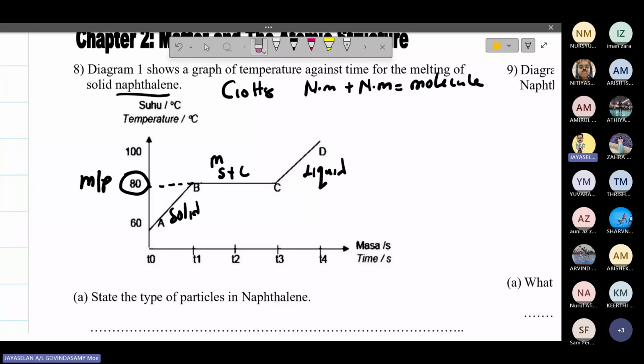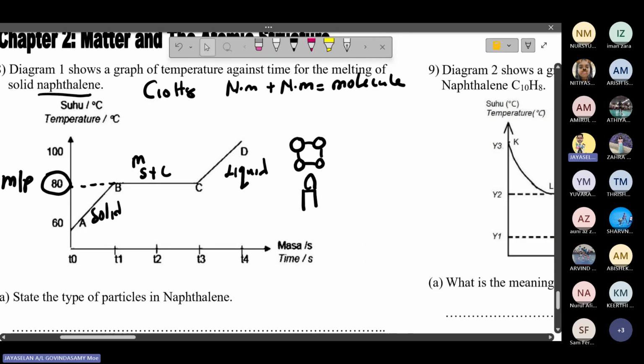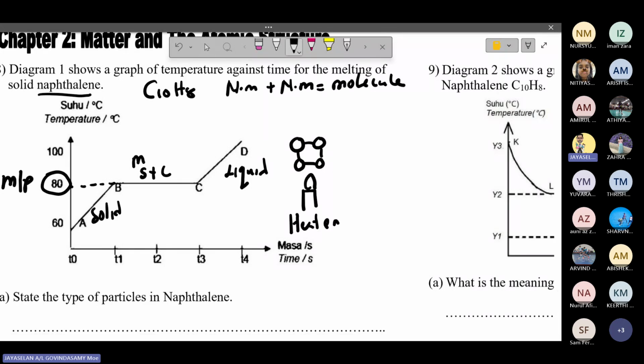Okay, before I go on, I do one. I take one solid. This solid kamu panaskan. You heat it using a Bunsen burner. When you heat using a Bunsen burner, it will do what? Heat energy is absorbed. The particles will absorb heat energy. Dia serap tenaga haba.